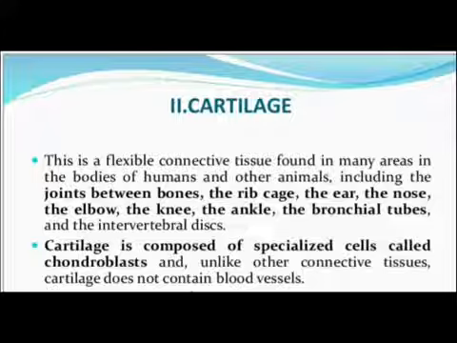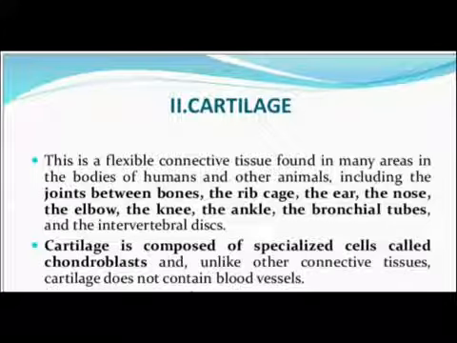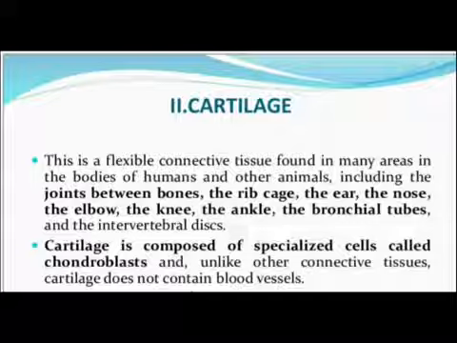It is composed of special cells called chondroblasts or chondrocytes. Both are the same. And unlike other connective tissue, cartilage does not contain blood vessels. There are three types of cartilage, students, but the types and where you find them, all in detail you are going to discuss in your higher classes.